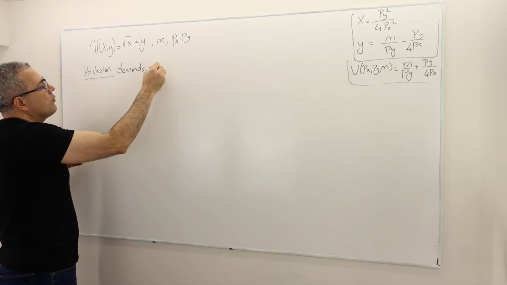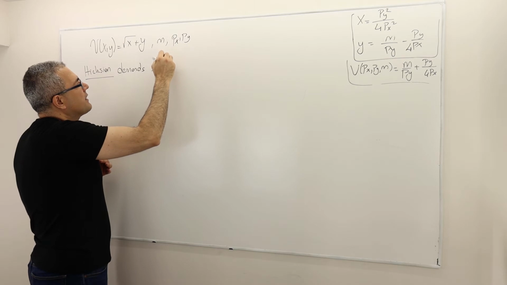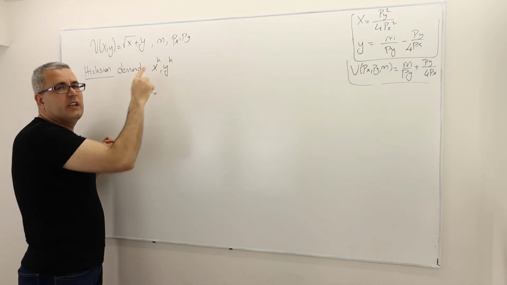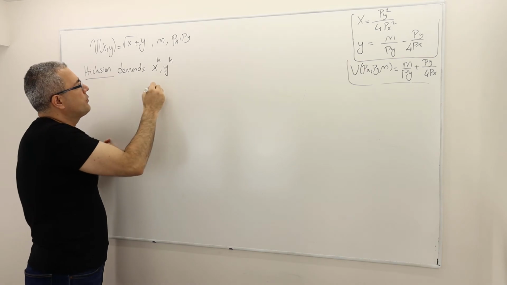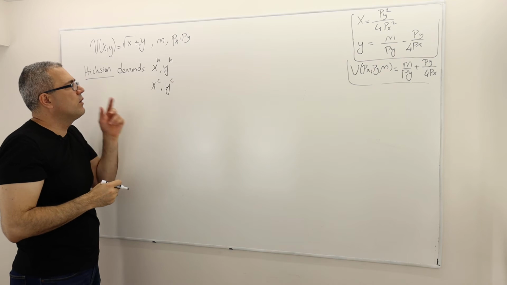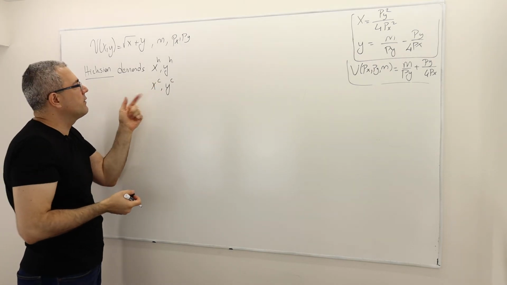well, some textbooks use XH, YH notation, indicating the Hicksian demand. Some textbooks use XC, YC, meaning compensated demand, all right?